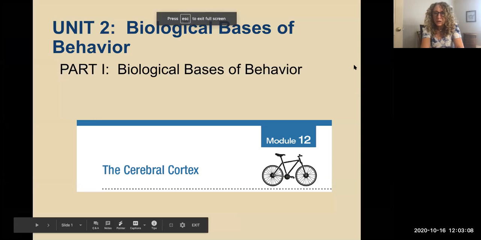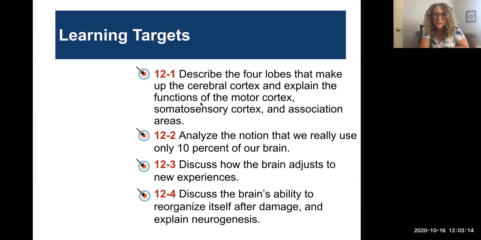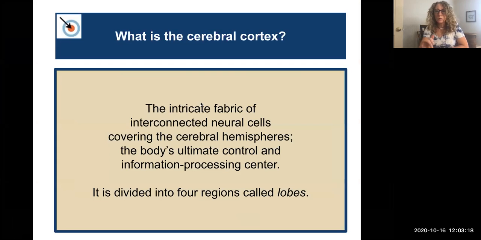All right. So we are going to look at the cerebral cortex. Like I said, last class we talked about the brainstem and the thalamus, and then we moved up to the limbic system.